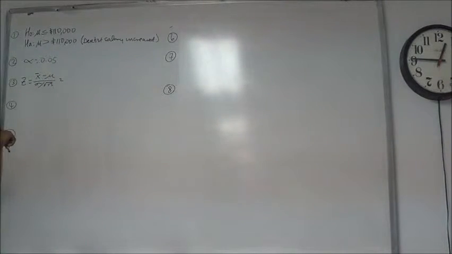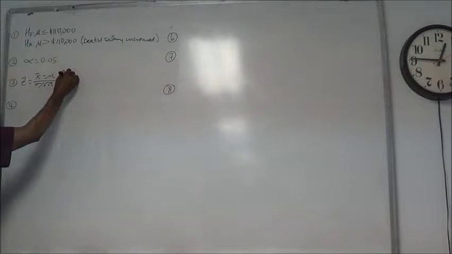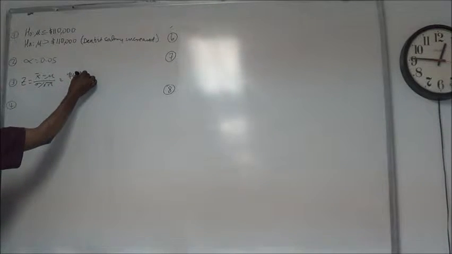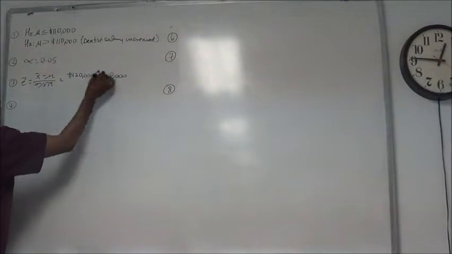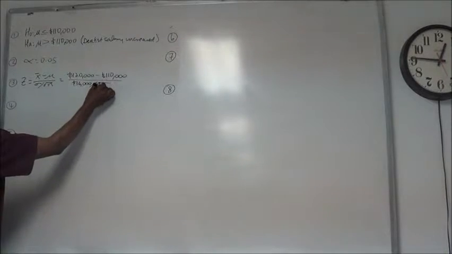So what is X bar then? 120 minus 110, over 36,000 over the square root of 81.